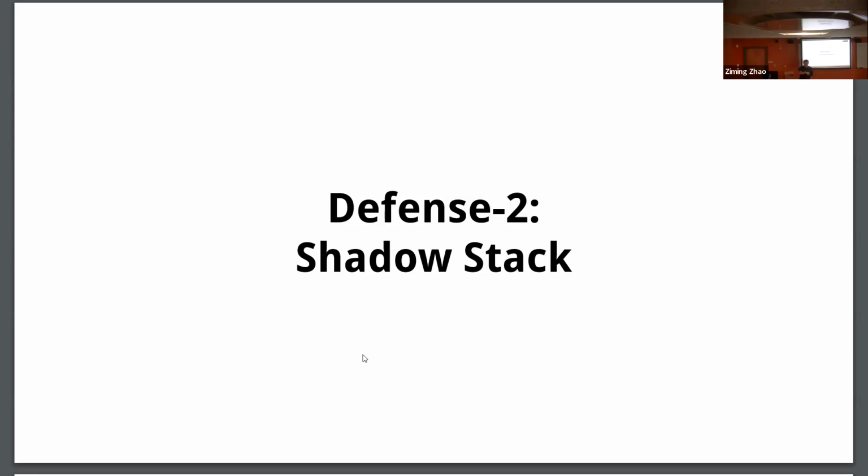We will say for this program, only function A calls function B is legal, function B return to function A is legal, function B return to system is not legal, something like that. Right? And shadow stack is actually a part of that control flow integrity policy.